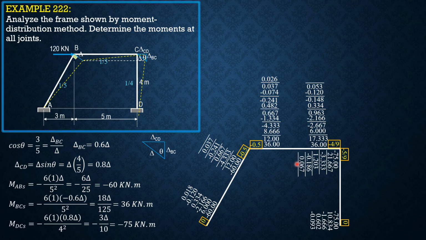Times negative 5/9, negative 0.010 lakh final lakh. Then half of negative 0.013, negative 0.006 lakh final lakh. Half of negative 0.010, negative 0.005 lakh final lakh.